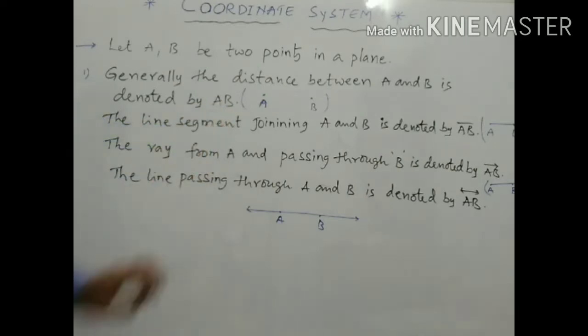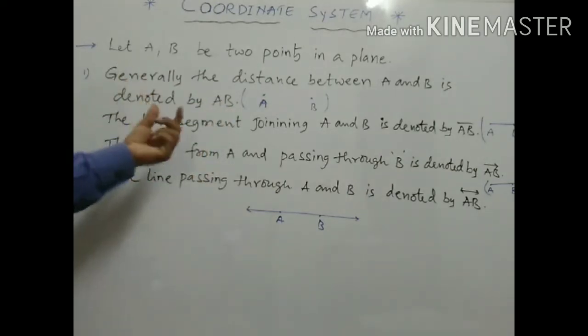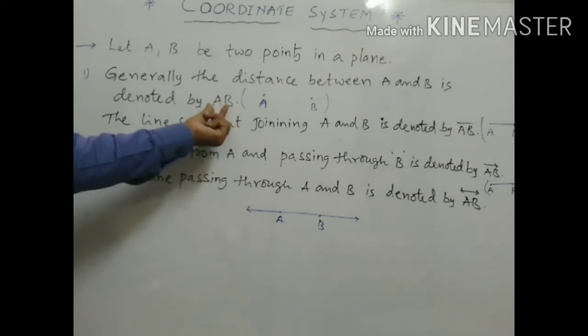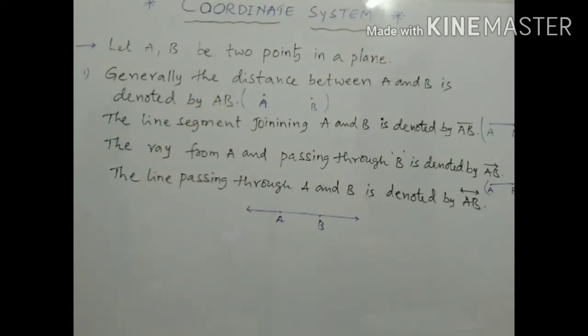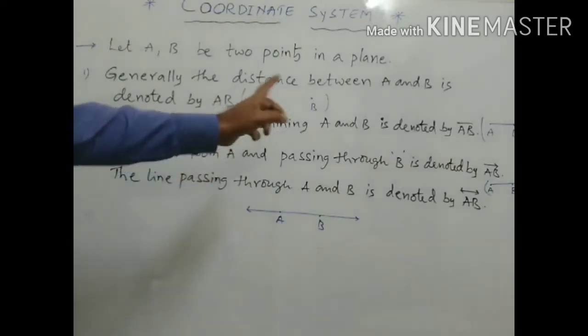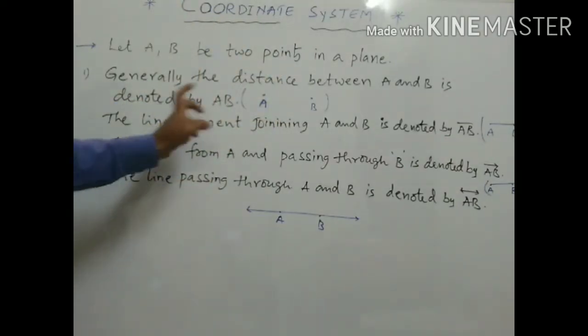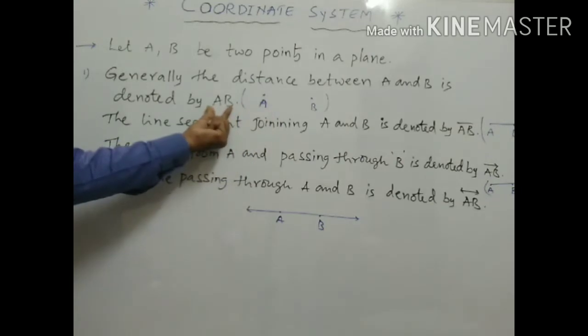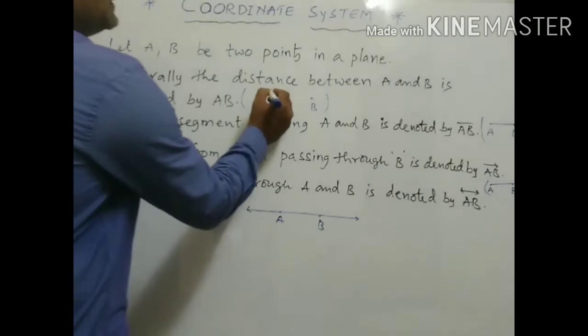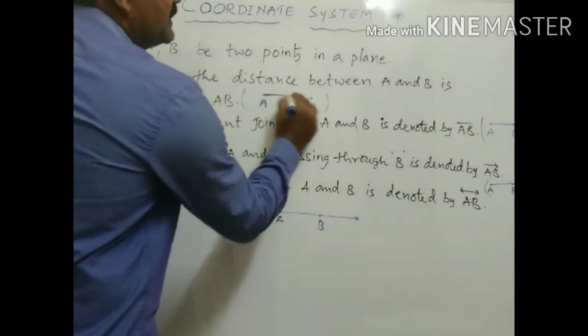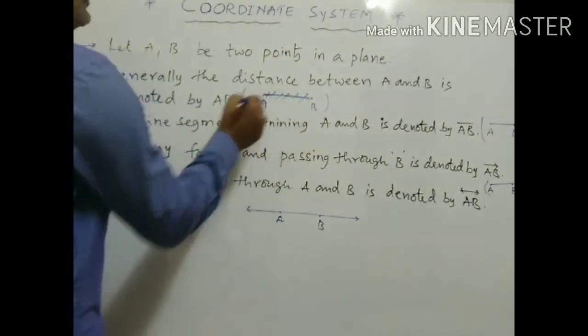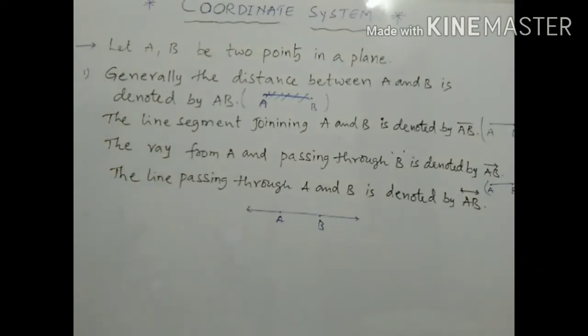In this chapter, whenever we see terms like AB, BC, AP, PQ, the meaning is the distance between those 2 points.